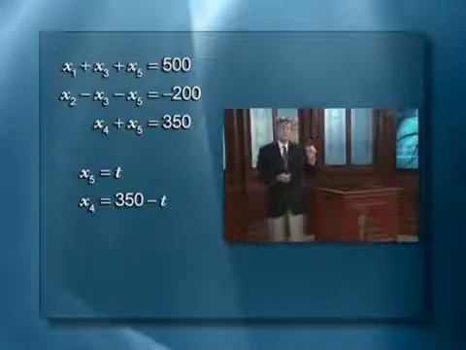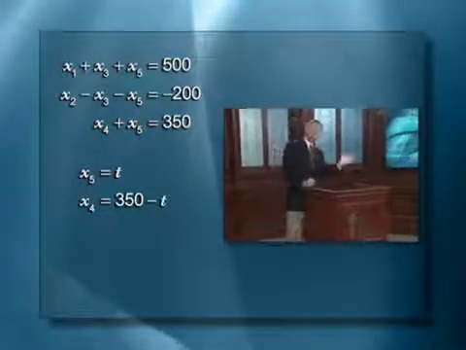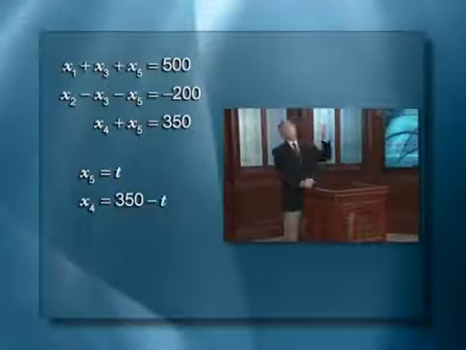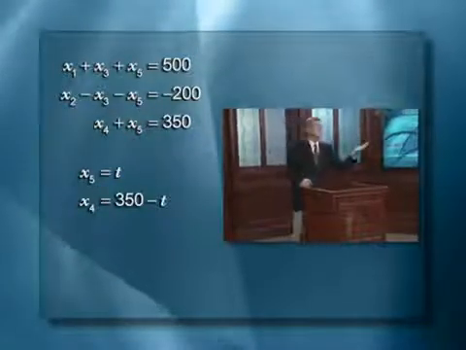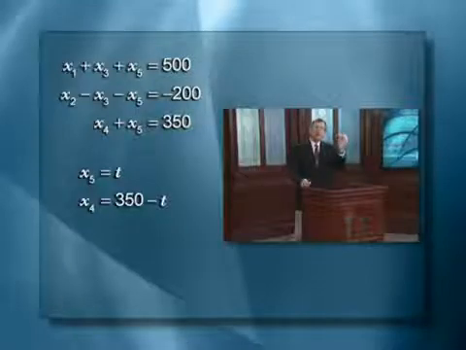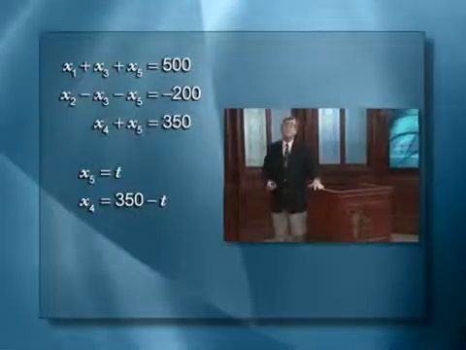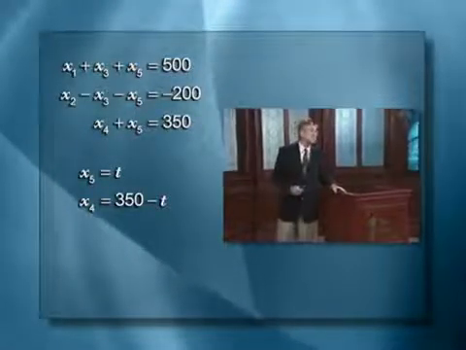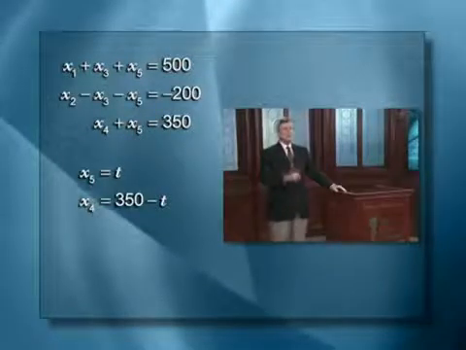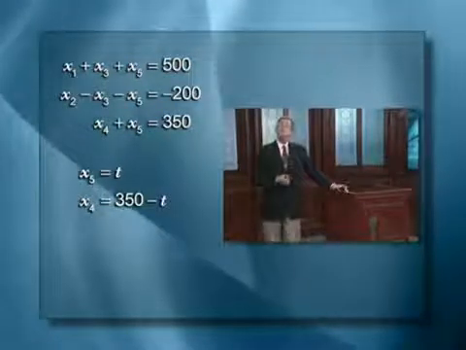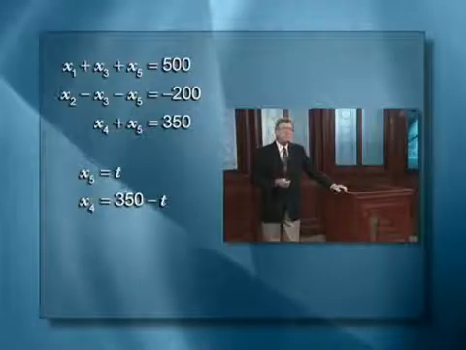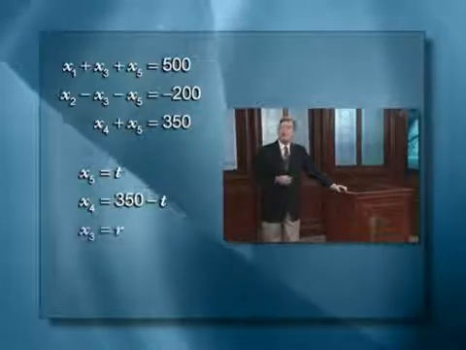So here's how we write it. x5 can be anything it wants to be. Call it t. And once you've determined that value, x4 is 350 minus t. Now look at x3. It's also a free variable. It can be anything it wants to be. So let's call it r.